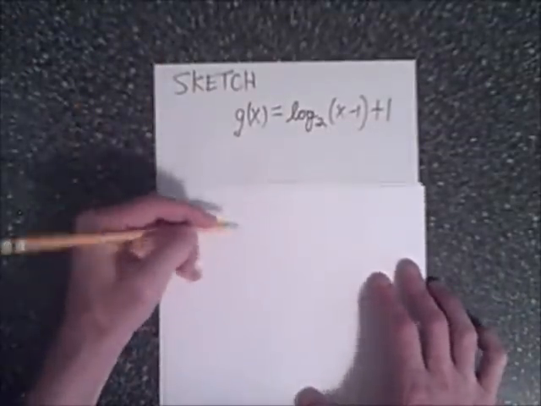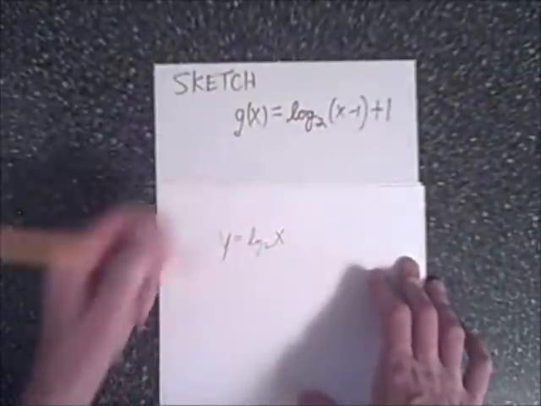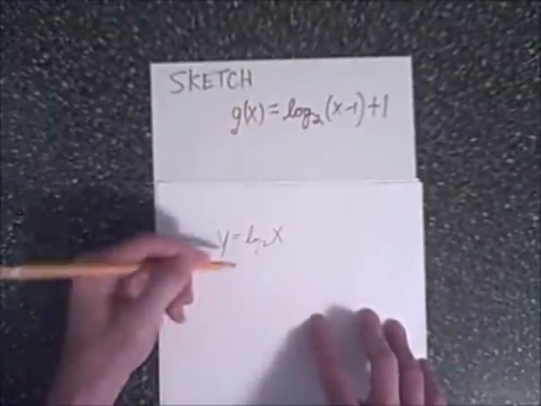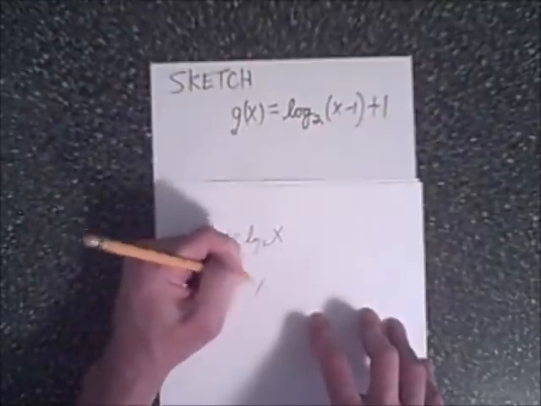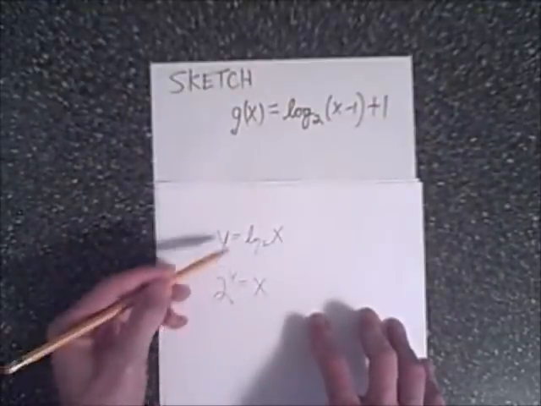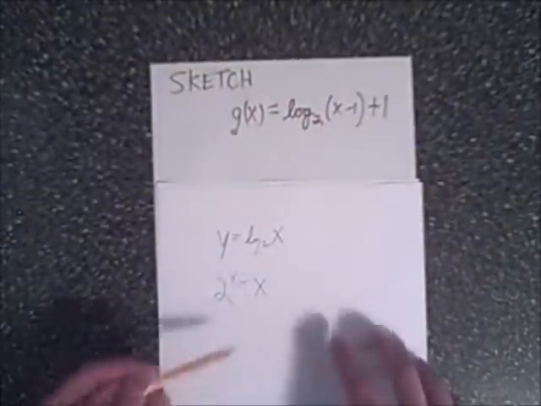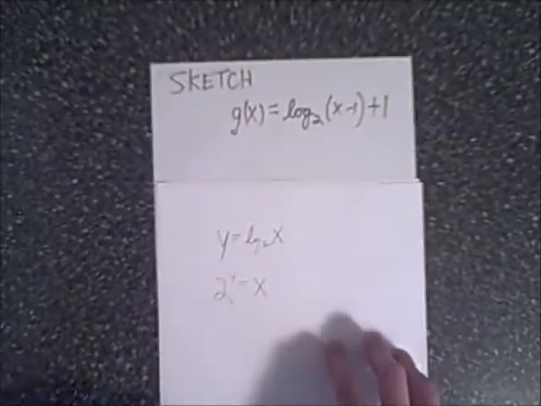So let's say we have y equals log base 2 of x. What is the inverse of this function? Well, we know 2 to the y would equal x, using just simple log methods. And if we want to find the inverse of something, we simply flip-flop the x and the y values, the inputs and the outputs.